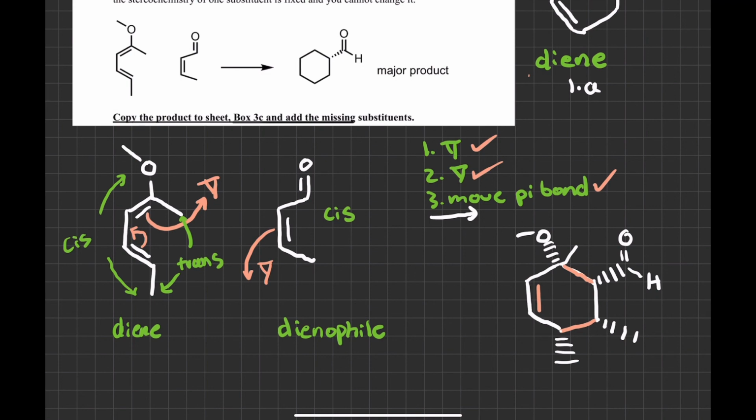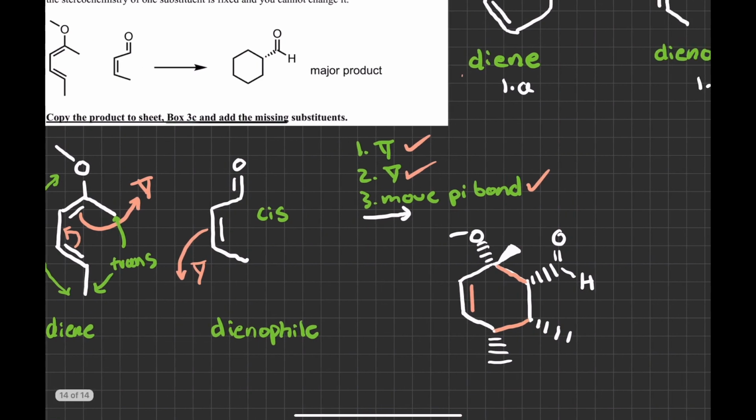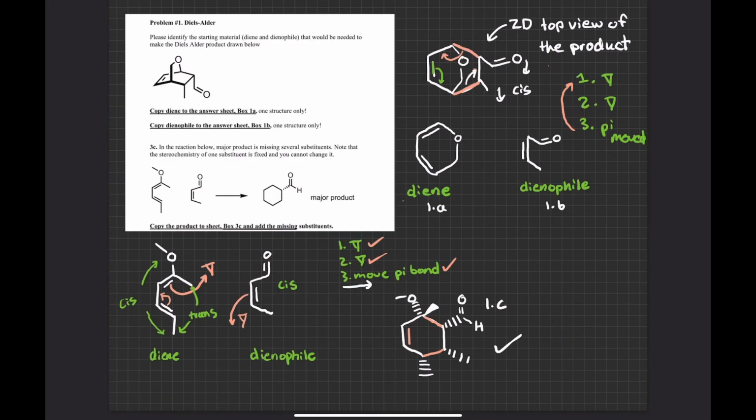Now, we also said that this methyl group and this methyl group were trans towards each other, meaning they're in opposite directions. So the methyl group at the top should be in dash form. Therefore, this is our structure for 1C, and it checks out. This completes problem 1.